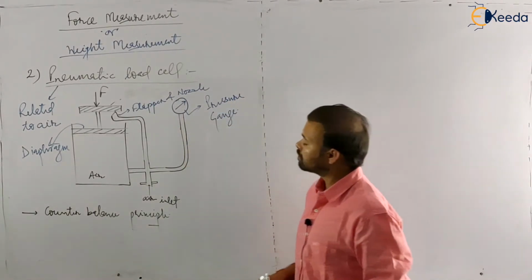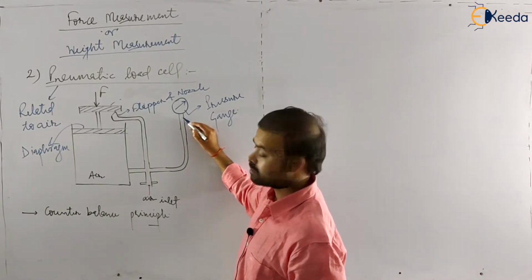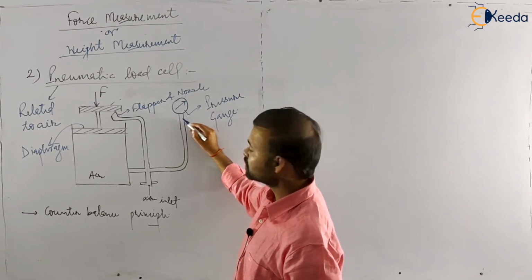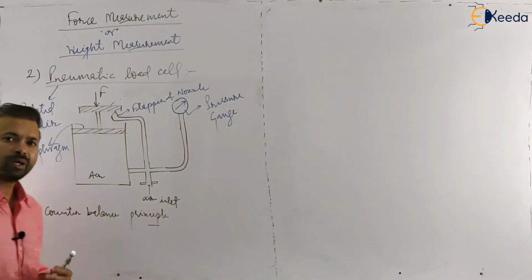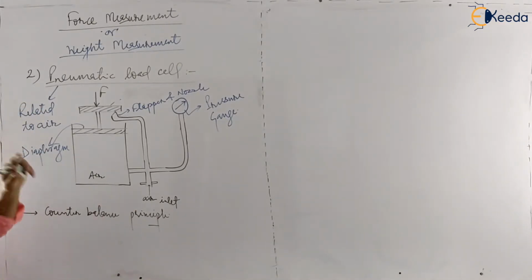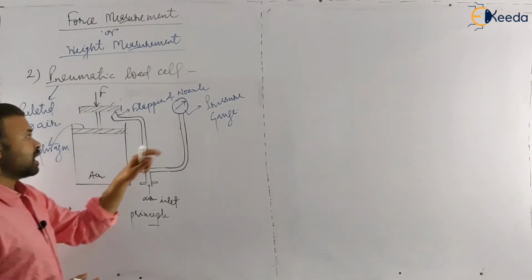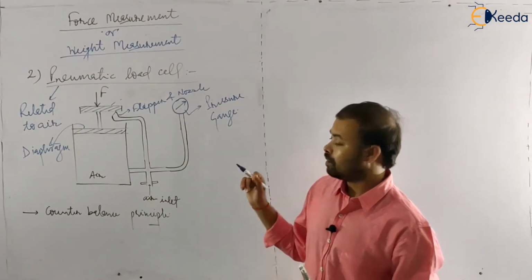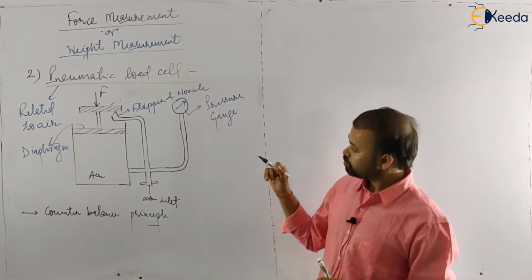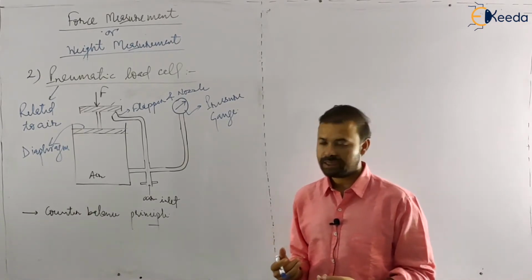Sometimes we will be using a manometer here. There are different arrangements, different construction, different components used in the pneumatic load cell. This is one of the types. In place of the pressure gauge, we can be using a manometer or some other kind of pressure gauge, right?